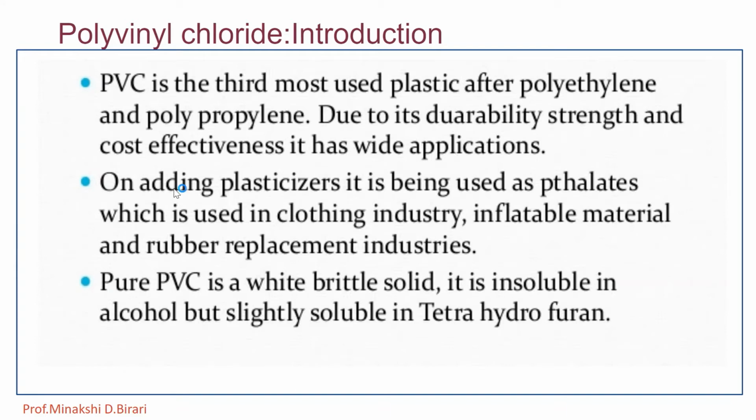On adding plasticizers such as phthalates, it is used in the clothing industry, implantable materials and rubber replacement industries. Pure PVC is a white brittle solid. It is insoluble in alcohol but slightly soluble in tetrahydrofuran, that is THF.